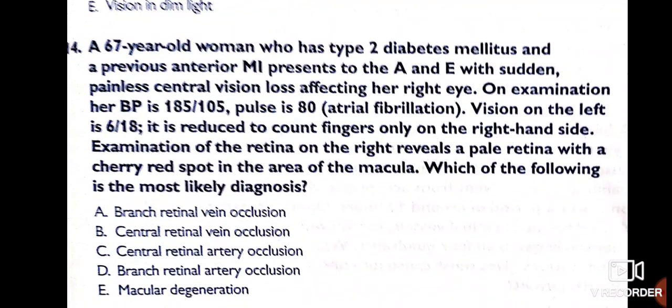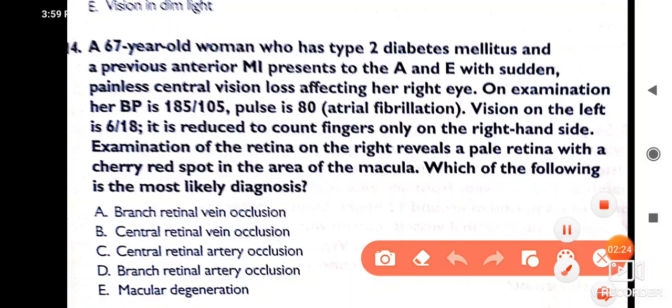Now, a 67-year-old woman who has type 2 diabetes mellitus and a previous anterior MI comes to the A&E with sudden painless central vision loss affecting her right eye. On examination, her blood pressure is 185/105, pulse 80, atrial fibrillation.